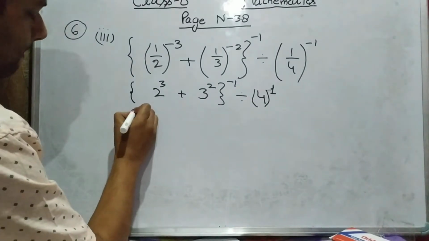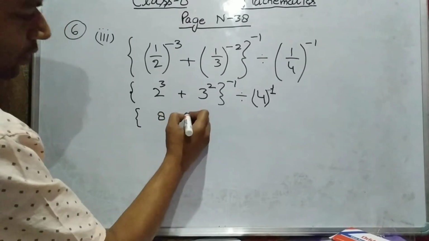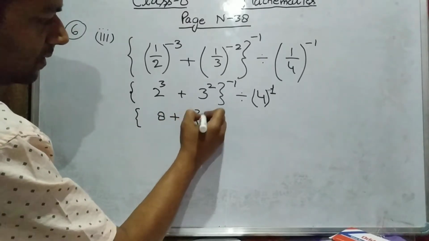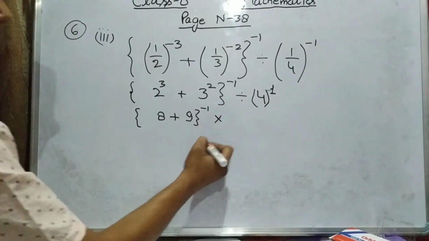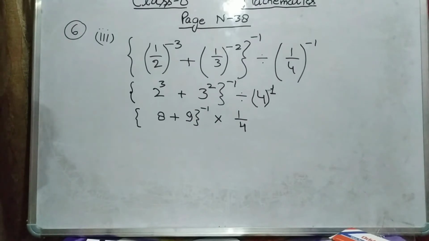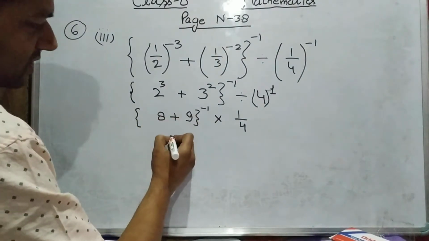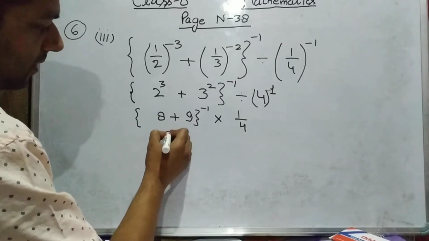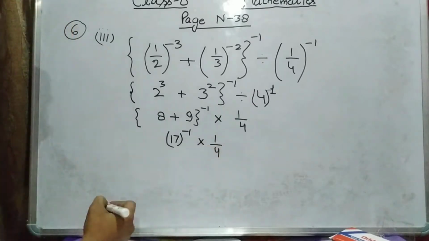Now solve this one. 2 to the power 3 is 8. 3 to the power 2 is 9. Minus 1. Now we can convert to the multiply sign and the reciprocal of 4. 9 plus 8, 17 to the power minus 1, multiply 1 upon 4.